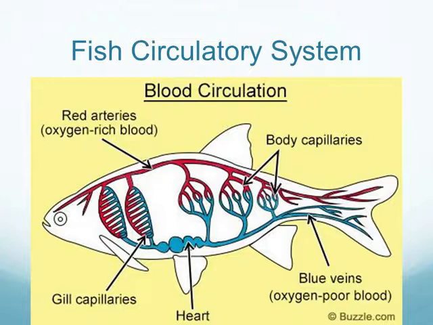So the oxygen passes over the gills, gets incorporated into the arteries and the blood, and then circulates around the body in the capillaries, and then it comes back to the gills. You can see the blue veins there that are oxygen poor, coming back to the gills where they get replenished with oxygen, and it circulates that way. Okay.